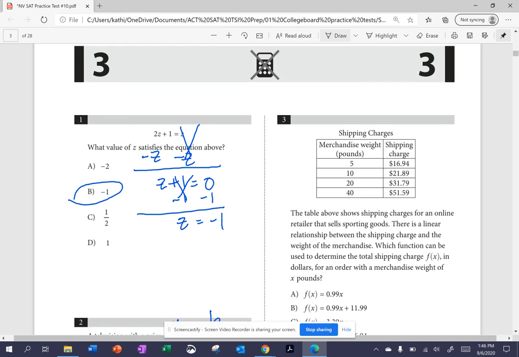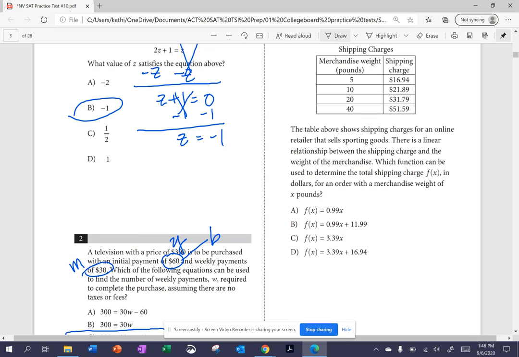Number 3. The table above shows shipping charges for an online retailer that sells sporting goods. There is a linear relationship between the shipping charge and the weight of the merchandise. Which function can be used to determine the total shipping charge, f of x in dollars, for an order with a merchandise weight of x pounds?